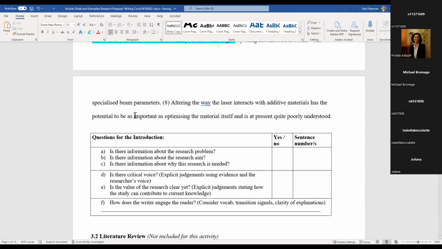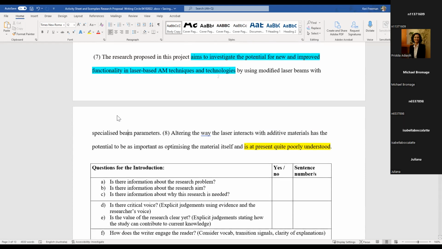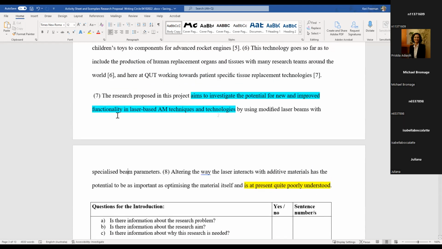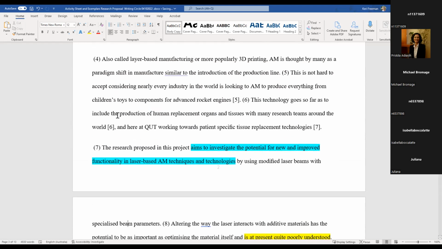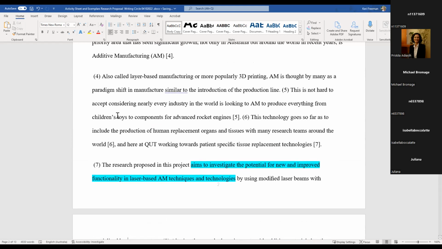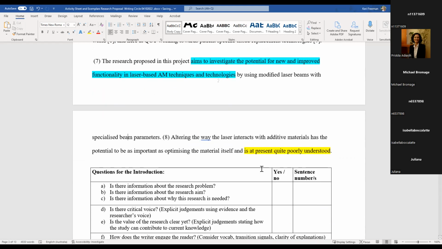So is there anything about the research problem? There's this. That's a research gap, isn't it? Or do you think it's the research problem? So we could say, yes, it's the start.